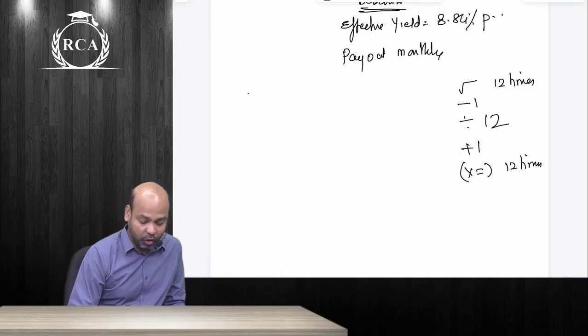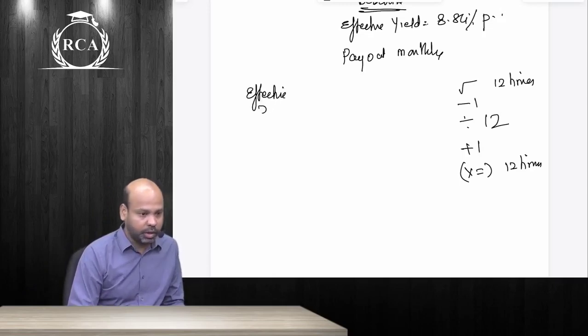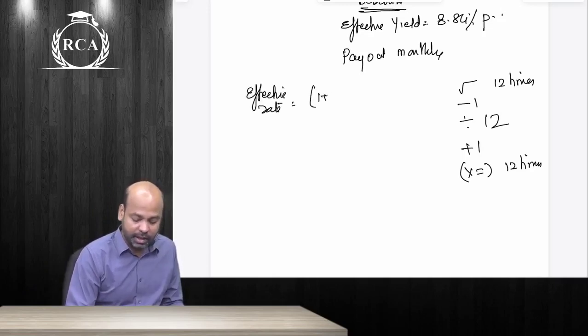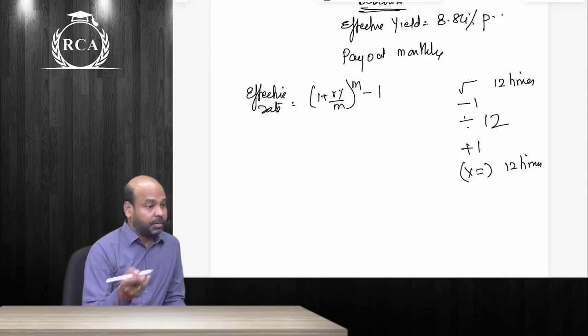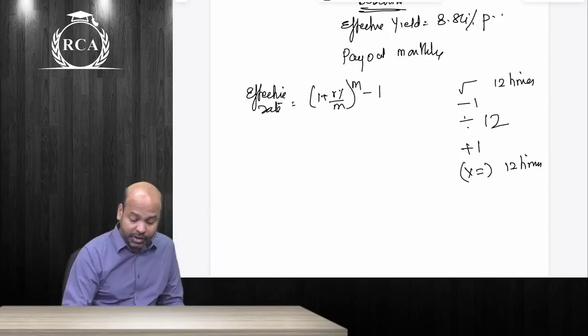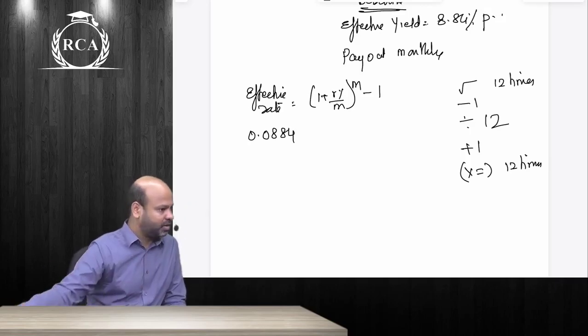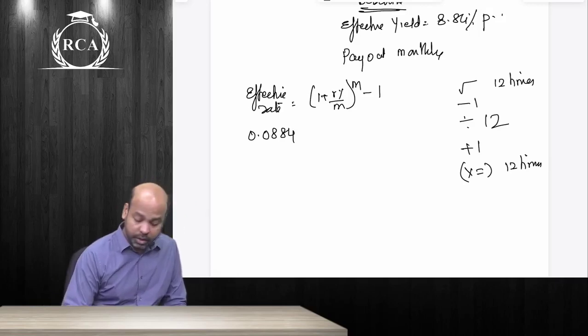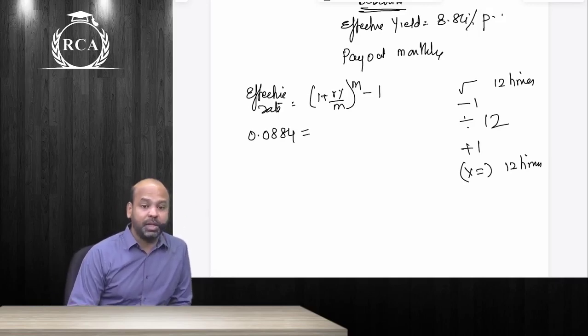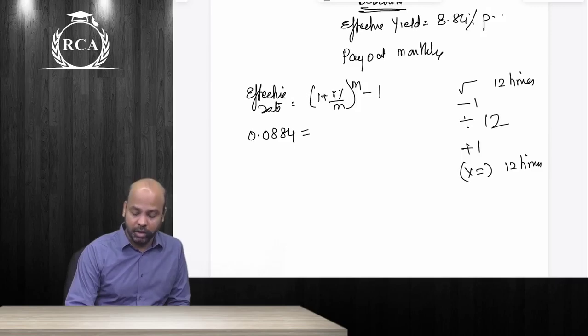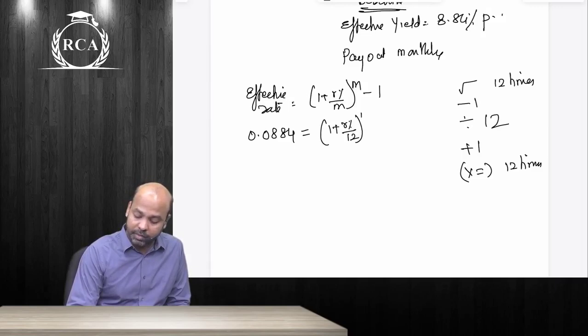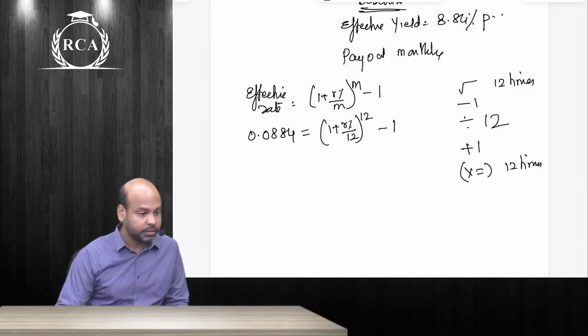Guys, we all know, beta, that your effective rate is equal to what? 1 plus r percentage by m whole power m minus 1. We do not know the interest rate. We do know that the effective yield is 8.84%, meaning 0.0884. 8.84% is nothing but 0.0884. This is equal to, is this company paying out monthly or on a yearly basis? 1 plus r by 12 whole power 12 minus 1.